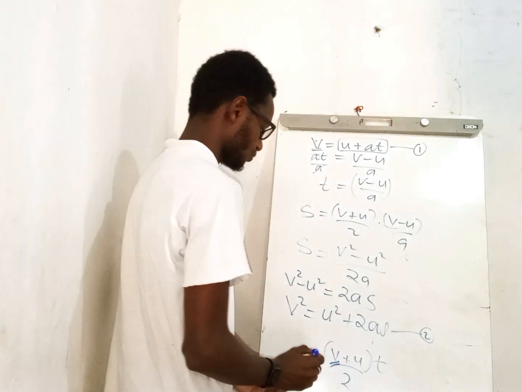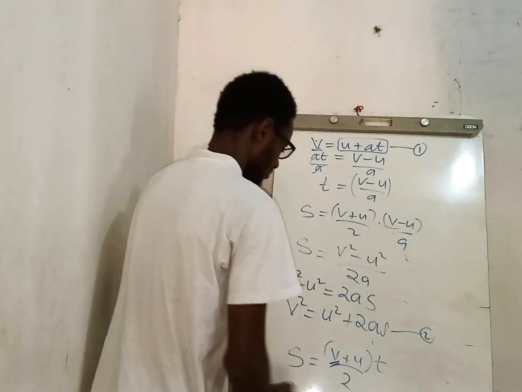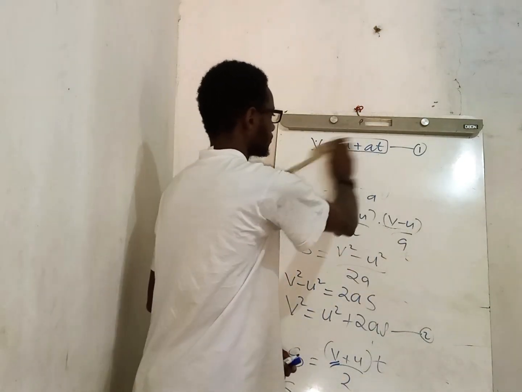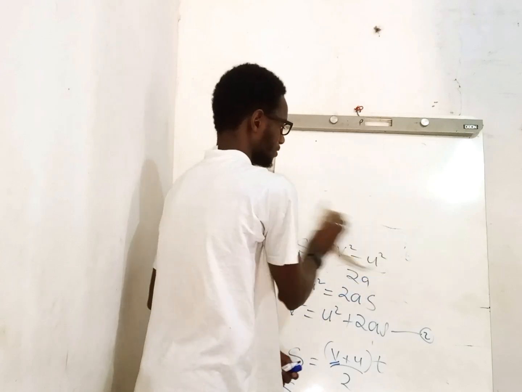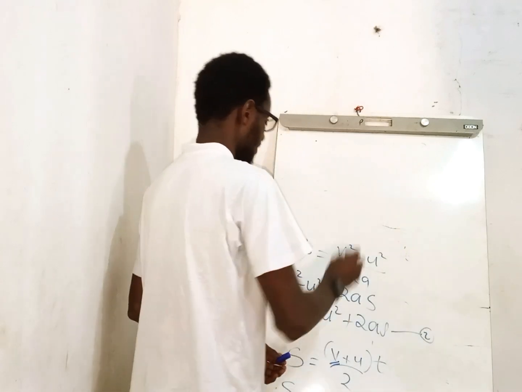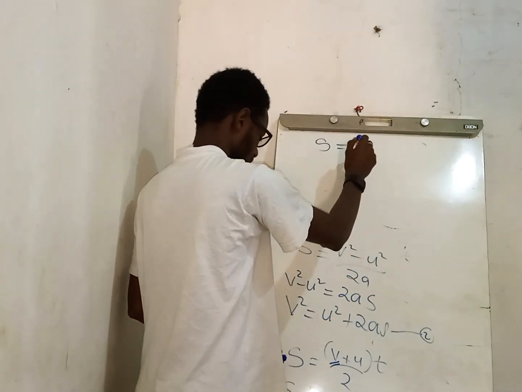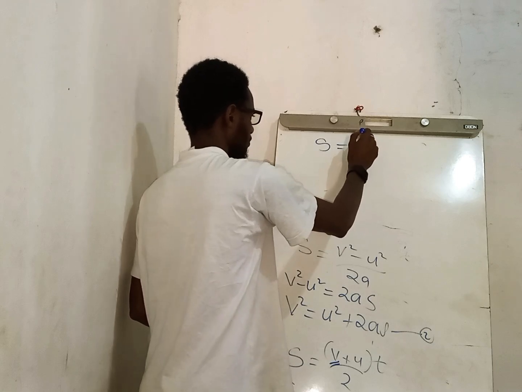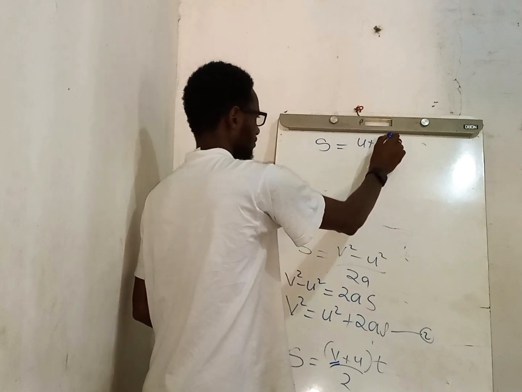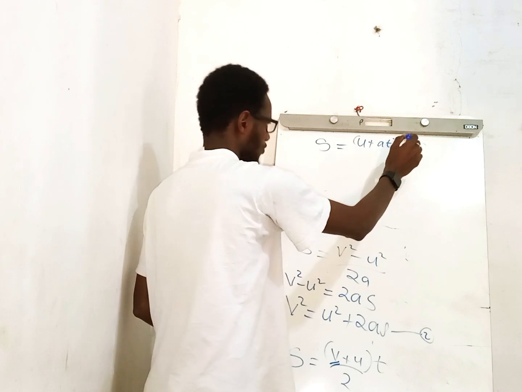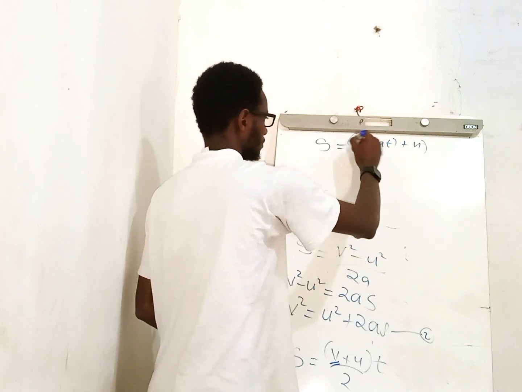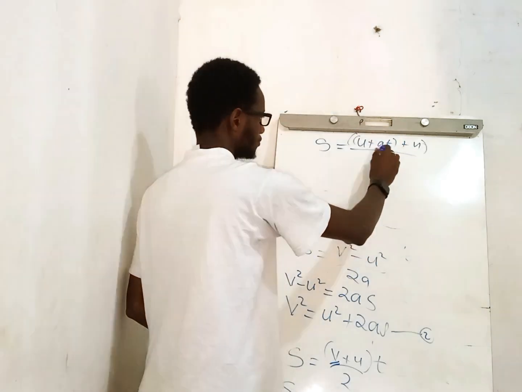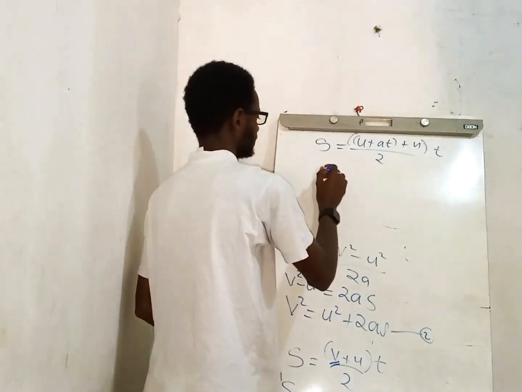If we do that, we are going to have our s is equal to, for the v, we put u plus at, plus the u, all closed, divided by 2 multiplied by the time.